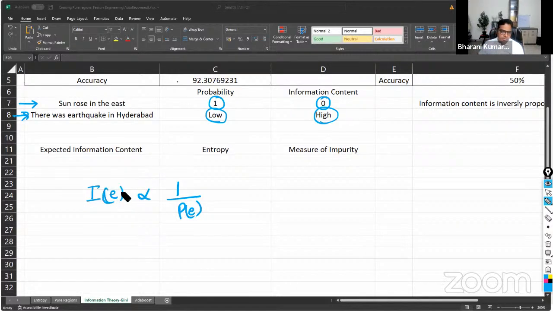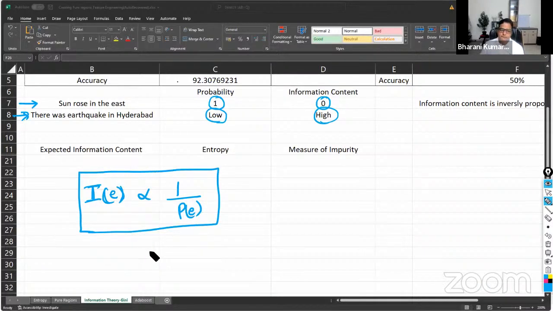Okay. So if the probability is low, information will be high. If the probability is high, information will be low. This is what we are aware of. All right. Next.